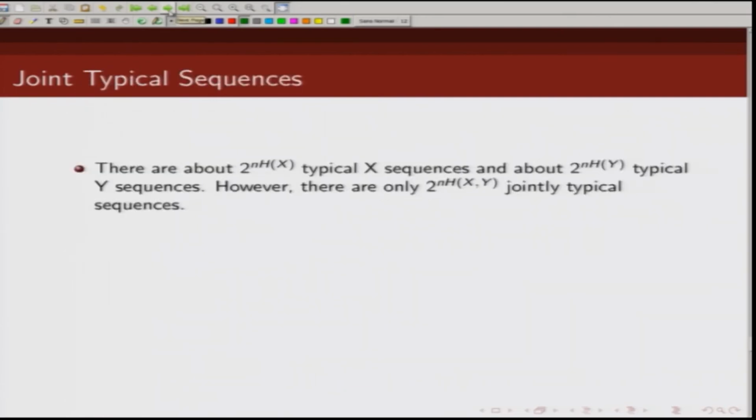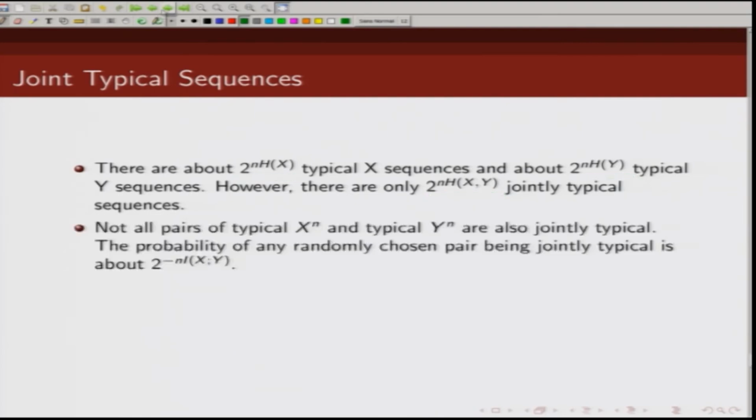Now, what we have seen so far is that we have this many typical x sequences and this many typical y sequences. However, there are only 2 raised to the power n times the joint entropy of x and y jointly typical sequences. So, if we pick independently, let us say, a typical sequence from x and a typical sequence from y, they will not be jointly typical.